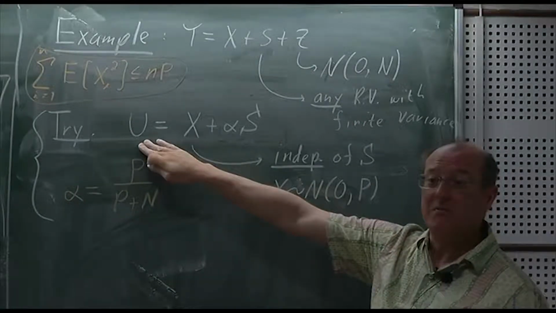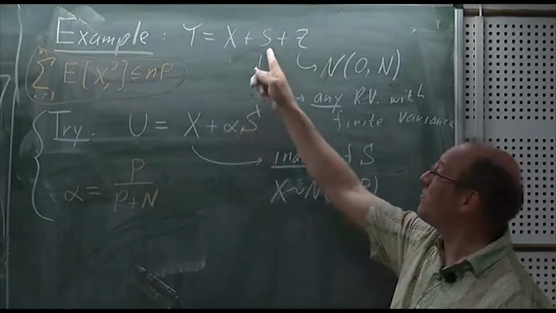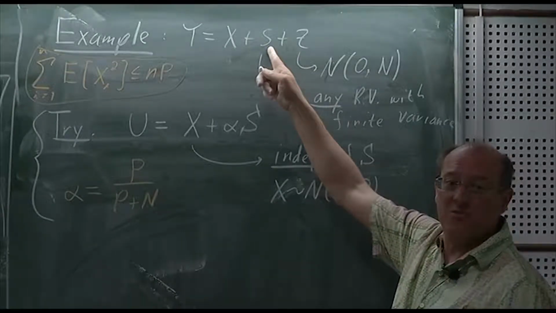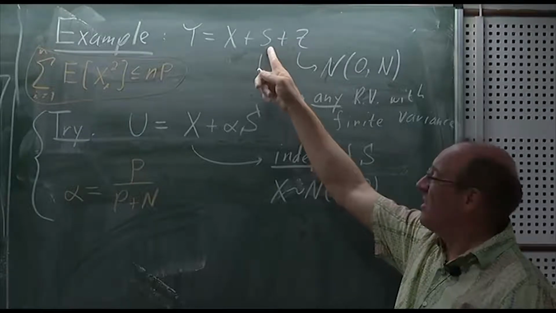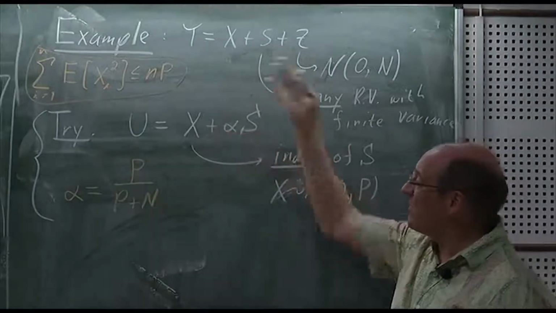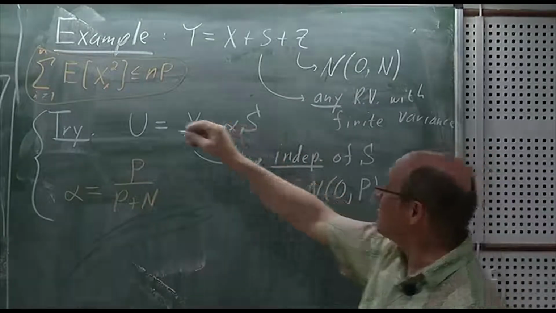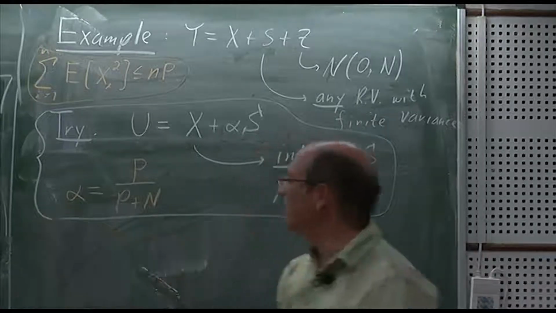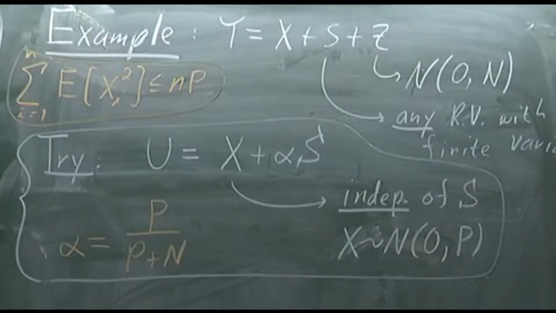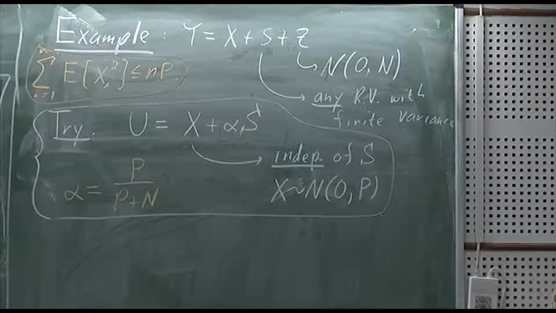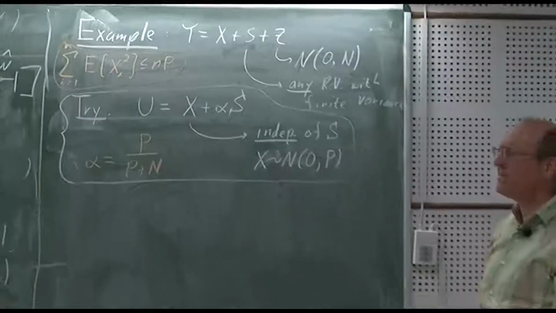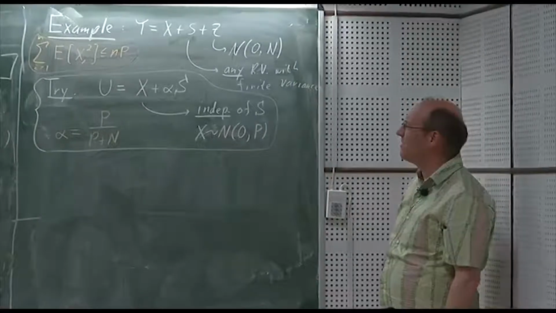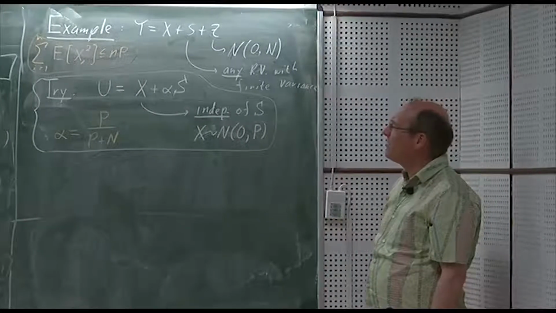So maybe we're subtracting off part of the interference, but if s is really super strong, then I can't subtract it all off because it's too strong. So what do I do? Well, it turns out that this is the right choice. There are a lot of ways we should try to understand this intuitively later. These things aren't obvious, and when you try to implement it, it gets even less obvious. Maybe I can say a few words about this at the end. Anyway, this turns out to be the right choice.